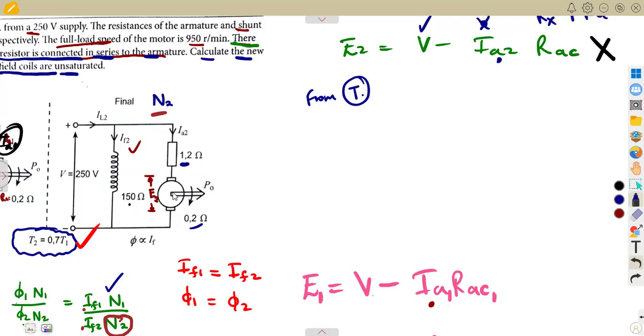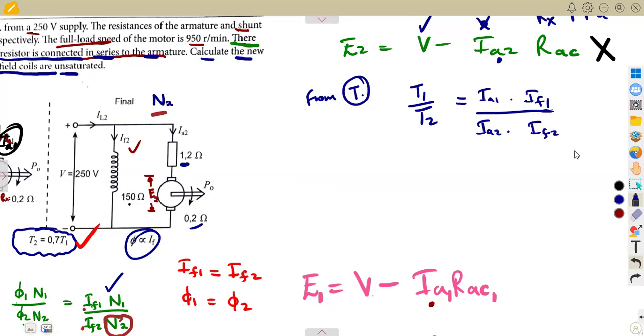Remember we talked about the condition of our flux being proportional to the field current. So T1 over T2 is going to be equal to the armature current 1 times the shunt field current 1, over the armature current 2 times the field current 2, because flux and field current are proportional.